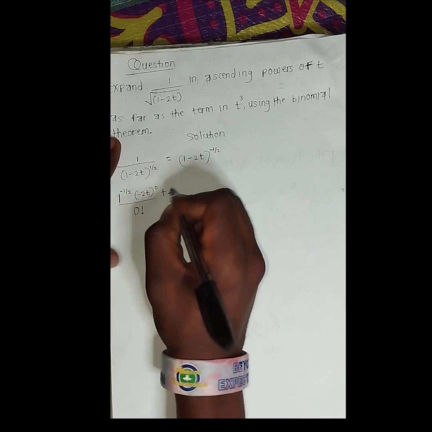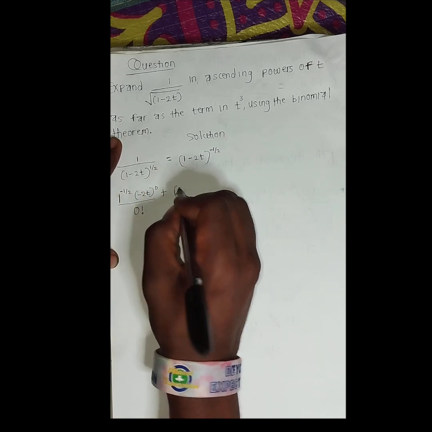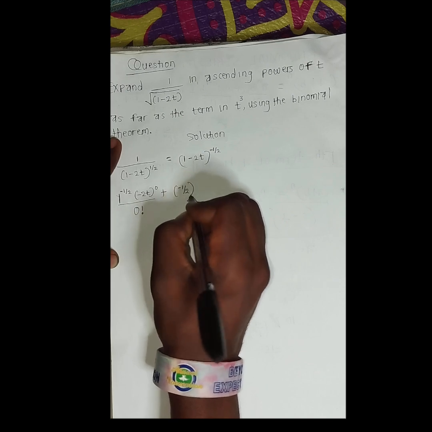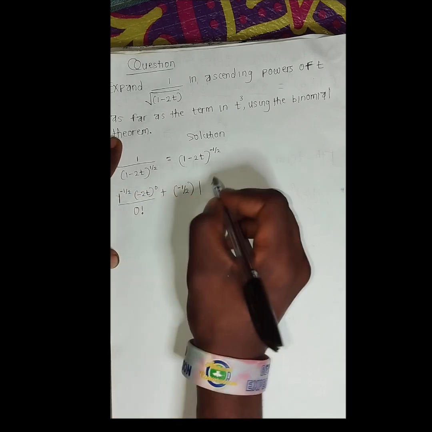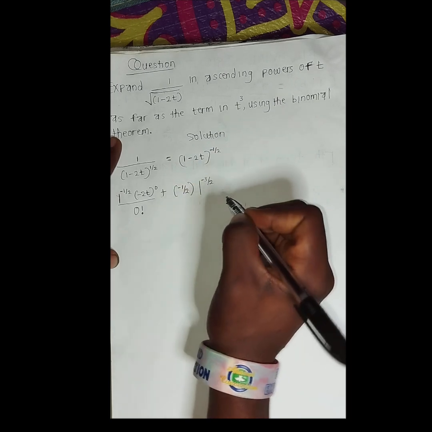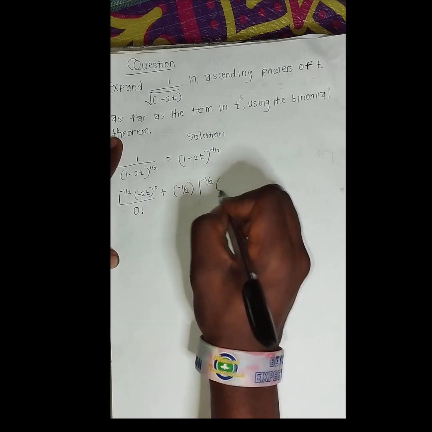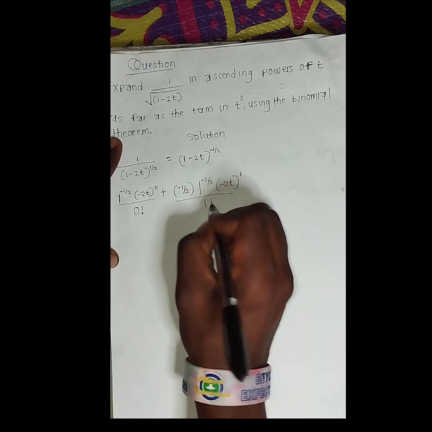Plus, now, minus 1 over 2 will have to come to the back. Put it in a bracket. Minus 1 over 2. Then minus 1 over 2, subtract 1 away from it. Minus 1. That would be minus 3 over 2. Yes, minus 3 over 2. Then you have your minus 2t raised to the power of 1 over 1 factorial.